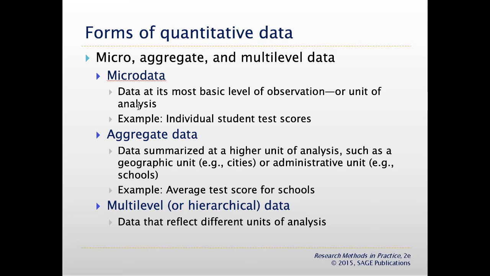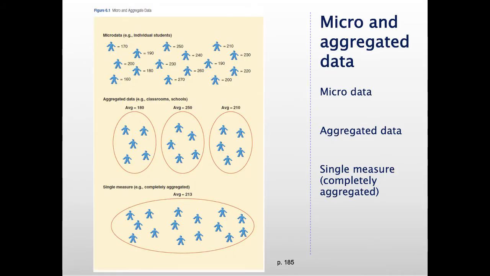Data summarized at a higher level of analysis. So a school, a city, average test scores for the school. Multi-level or hierarchical data are data that have the different units of analysis at the same time. So here you see the individual students, they're aggregated into classes, or you've got them completely aggregated and our data is just a single measure.